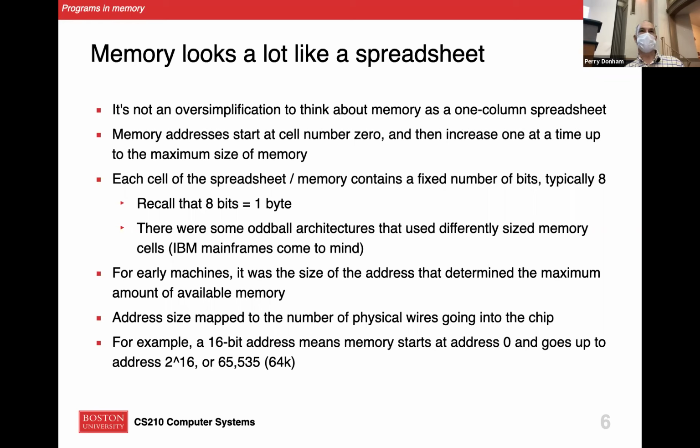In computing, it means something different: 2 to the 10th, which is 1024. So a K in computing is slightly larger than a K in engineering, and that's why 64K is 65,536. It's 64 times 1024, essentially.